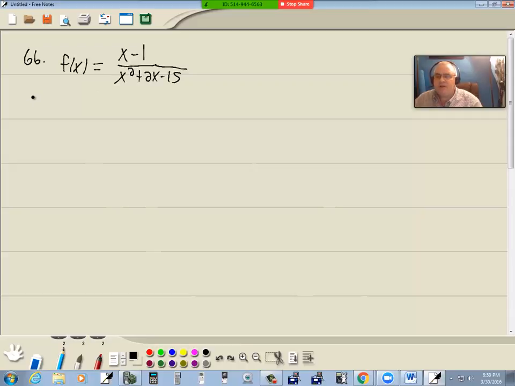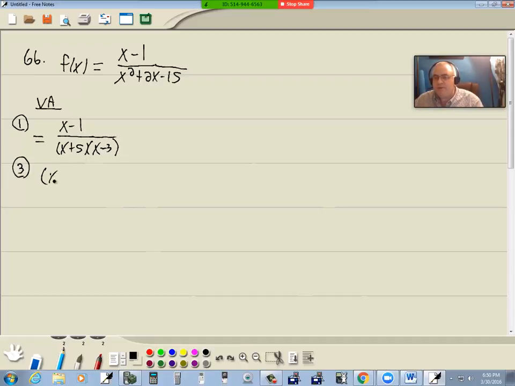Okay. First off, I'm going to find the vertical asymptote. Remember, our first step is to factor the top, factor the bottom. Top can't factor, but the bottom is a PSD. So that factors as x plus 5 times x minus 3. Obviously, nothing will cancel. So we go to step 3 of the vertical asymptote.